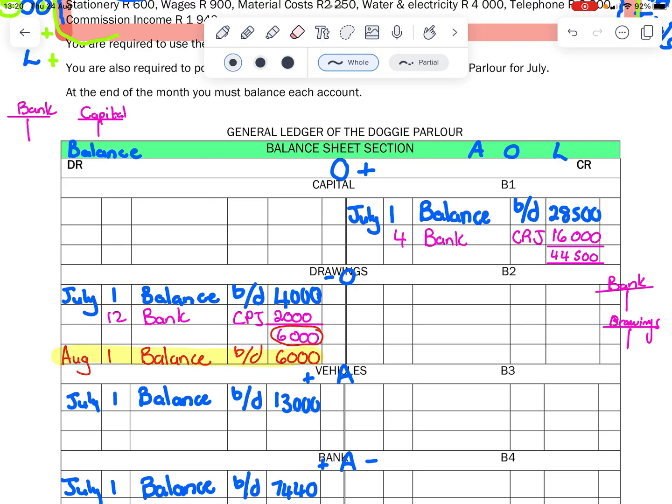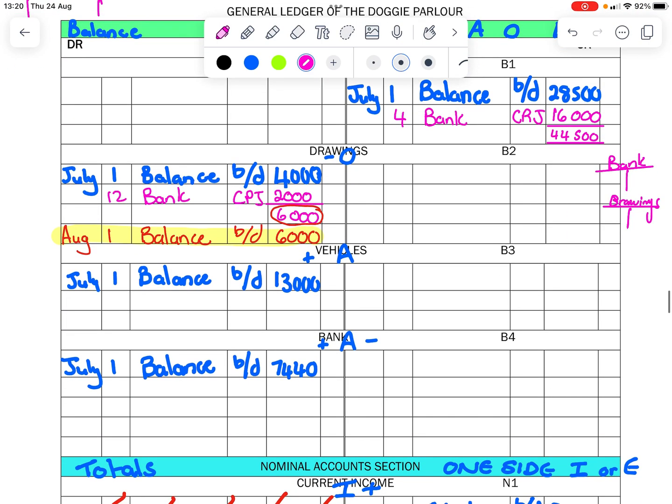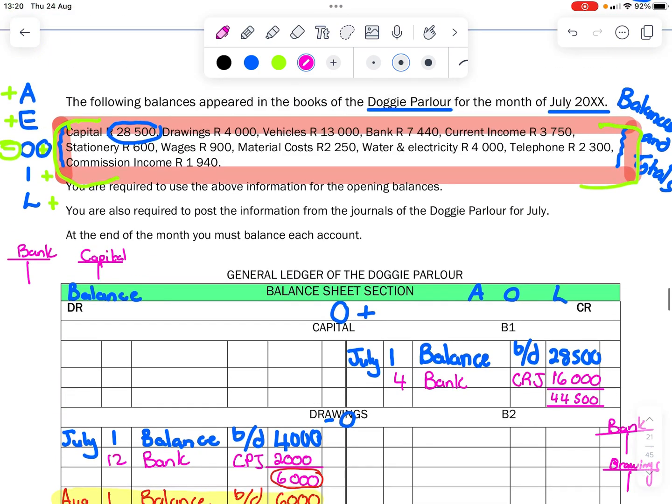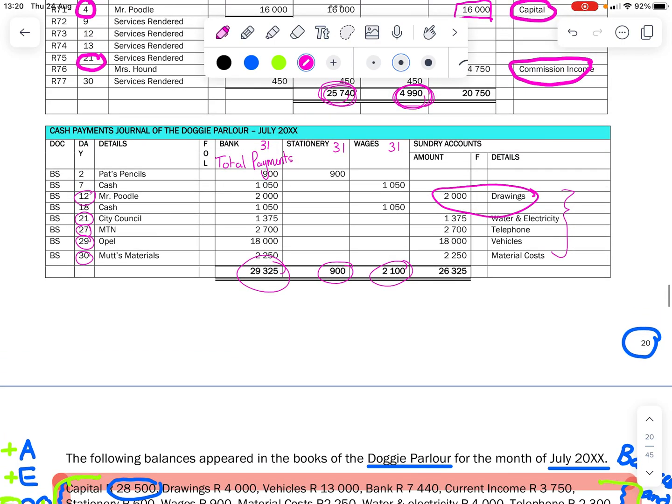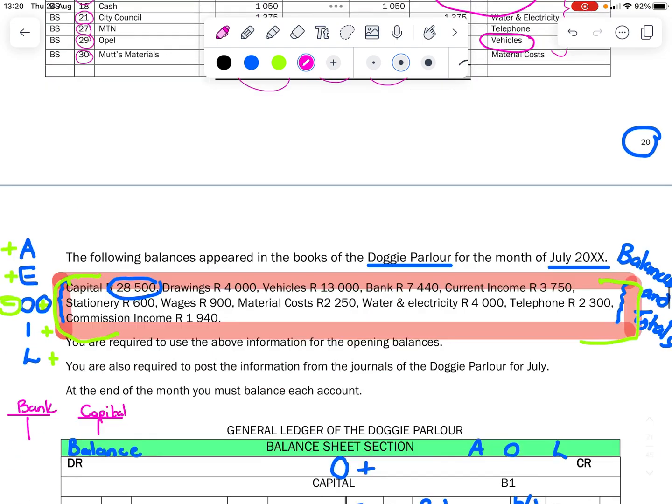Okay, now if we start working through this, let's ask ourselves the question, in which journal would we find a transaction to do with vehicles? Let's think about vehicles. We normally buy a vehicle or pay off a vehicle, so money will be going out. If we go up to our CPJ and have a look, vehicles takes place on the 29th.